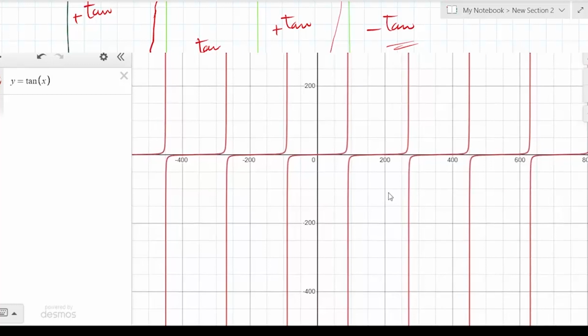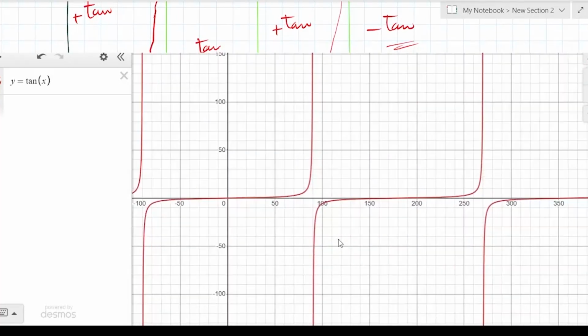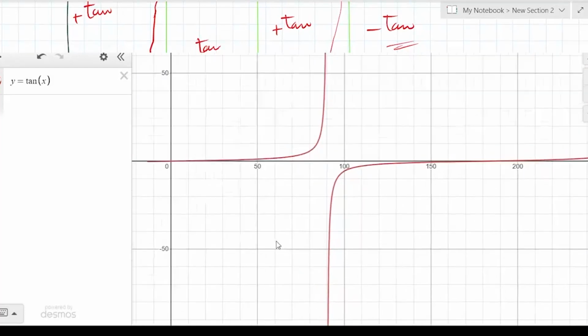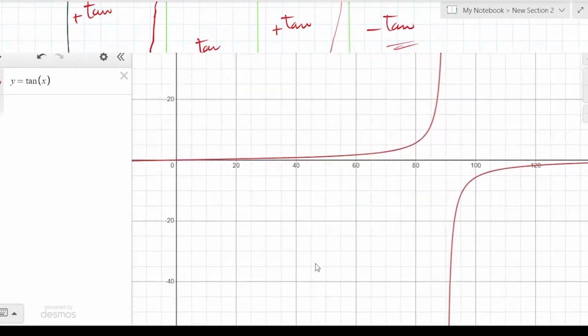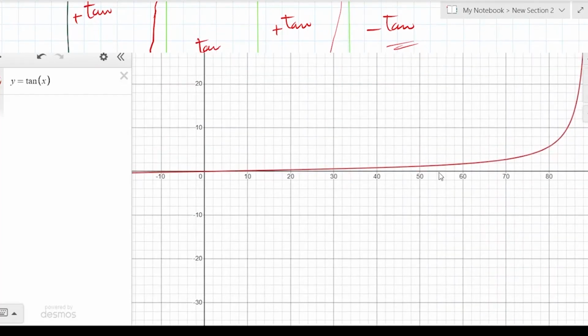Okay, now look at it. This is not actually touching x-axis at all the points. If we get closer to it, you can find that there is a distance between them. This unit is 10, this is, you can say, 2, and this is 1. So at 45 degrees, you can see that this is about 1 unit here.